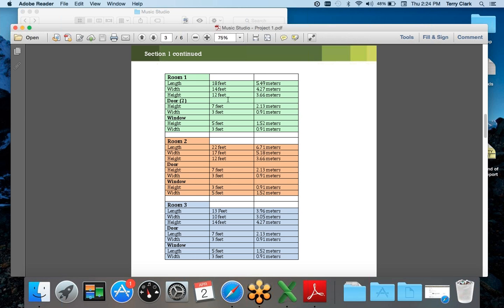You can put your rooms in terms of customary measurements, or in terms of meters or metric. That's up to you. Your measurements have already been done for you. You just have to set up your room using these measurements.